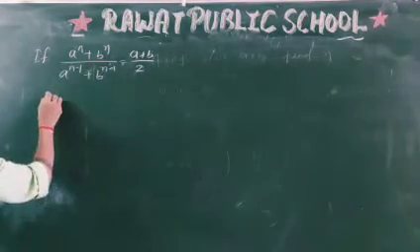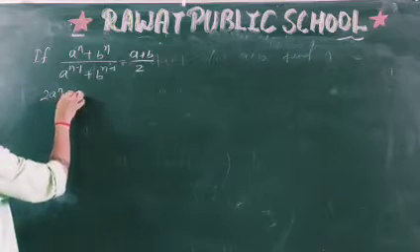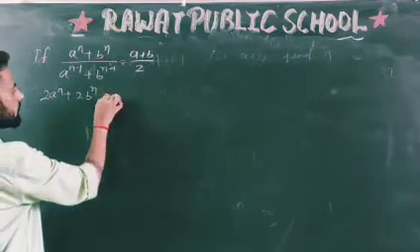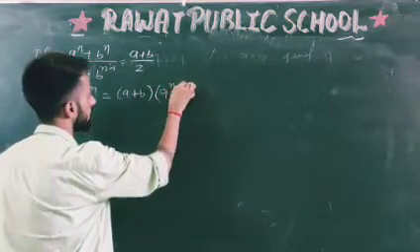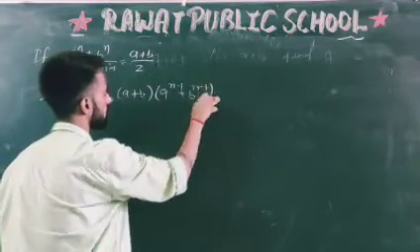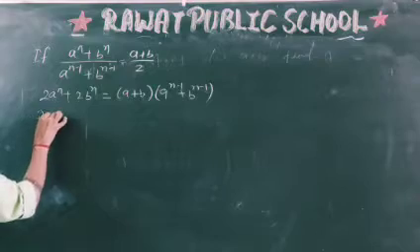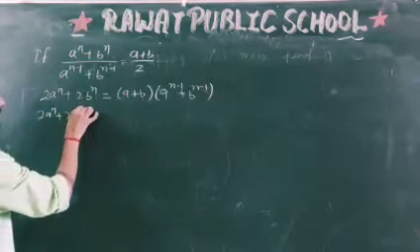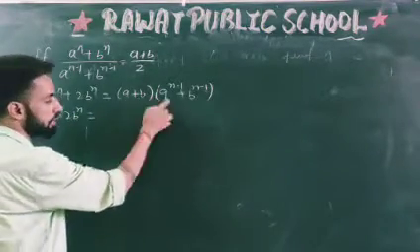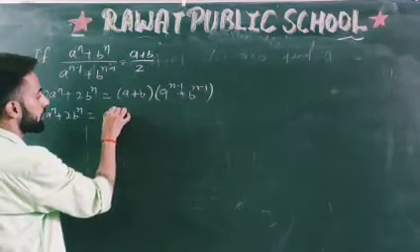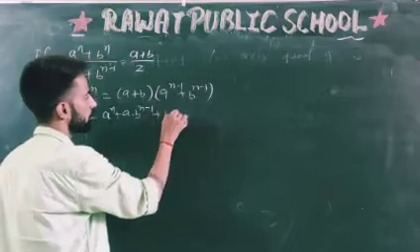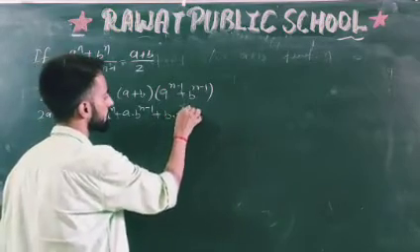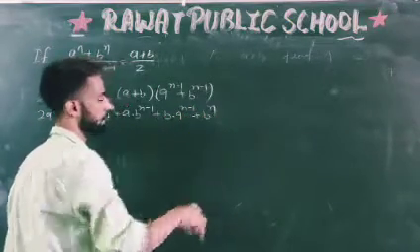Now we will be doing some basic mathematics to find the value of n. Let's cross multiply. It will become 2(a^n + b^n) is equal to (a + b)(a^(n-1) + b^(n-1)). So we have 2a^n + 2b^n is equal to, cross multiplying inside, a·a^(n-1) + a·b^(n-1) + b·a^(n-1) + b·b^(n-1).